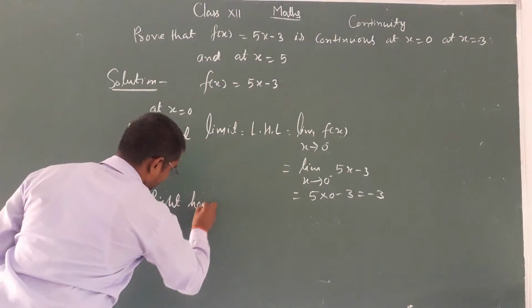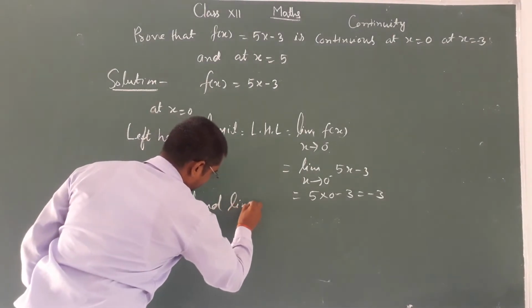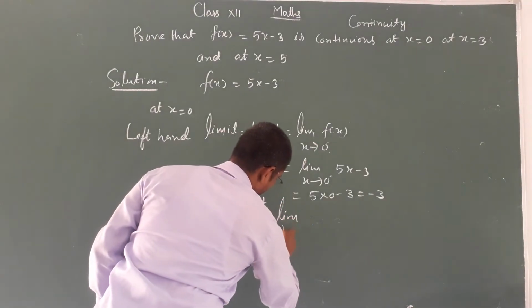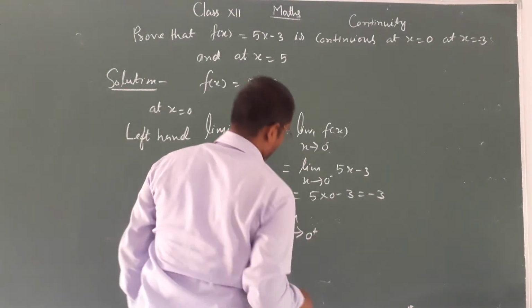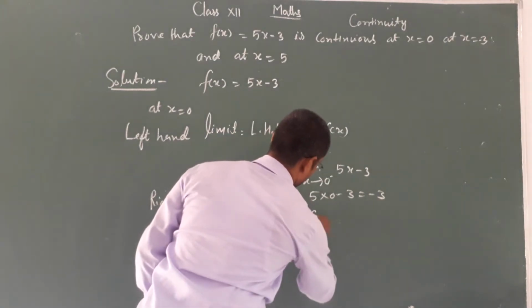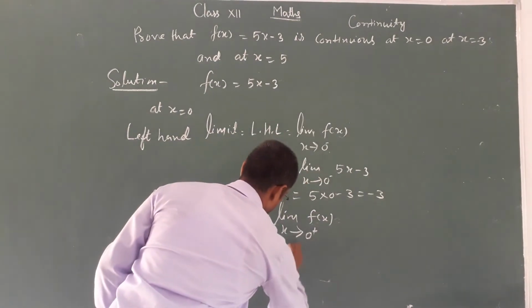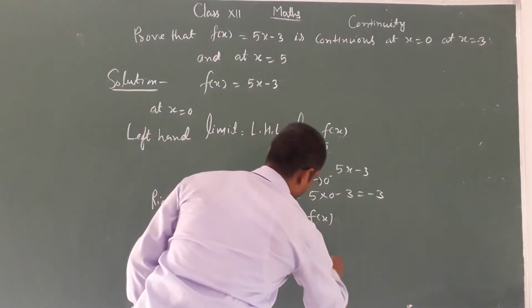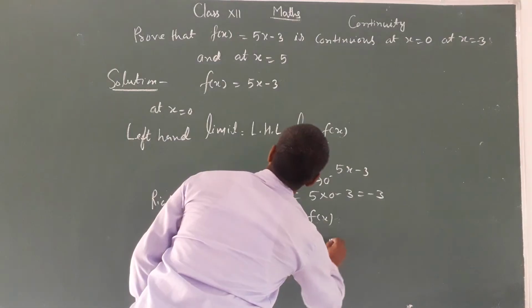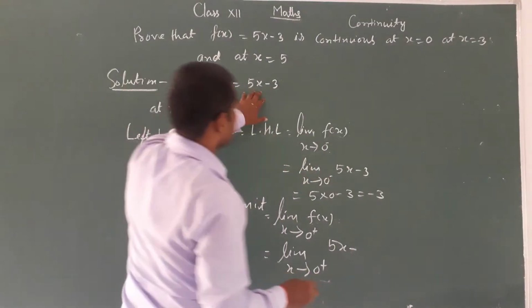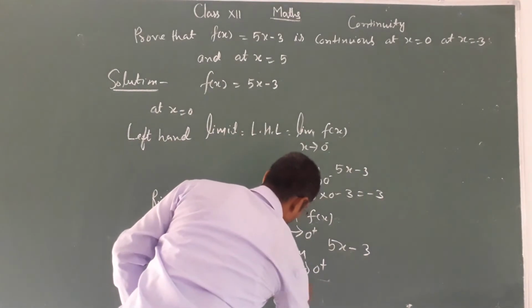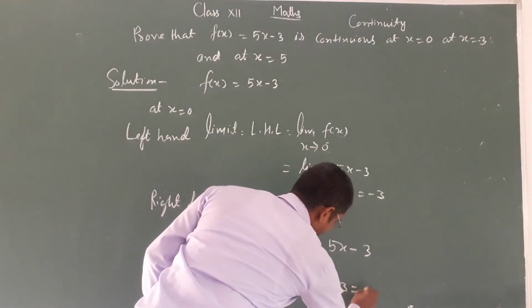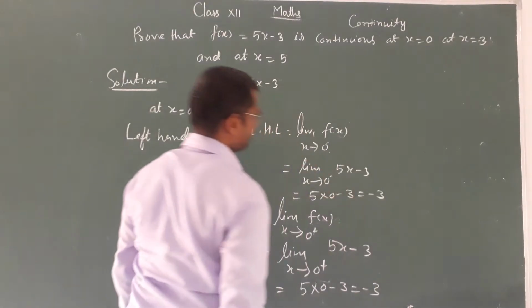Also write the right hand limit: the limit as x tends to 0 from the right of f(x), which is 5x minus 3. Now put x equal to 0: 5 into 0 minus 3 is equal to minus 3.